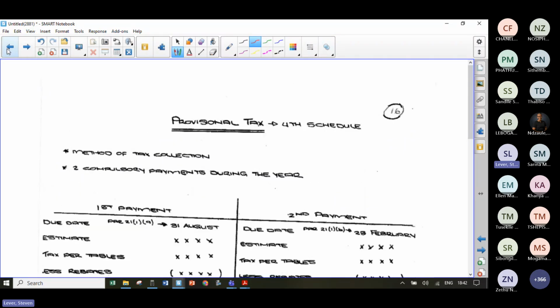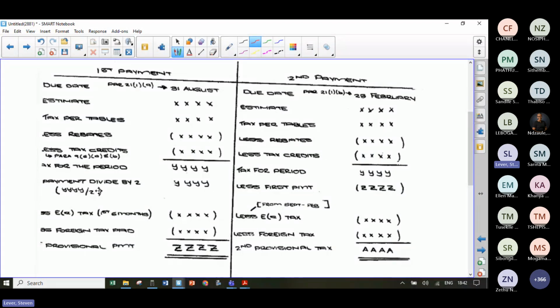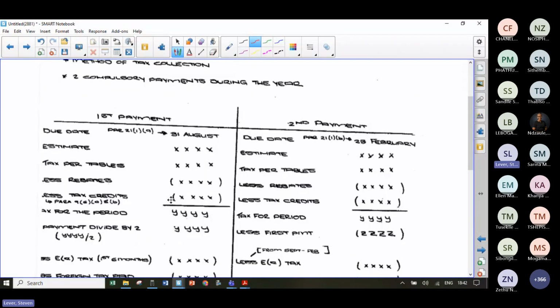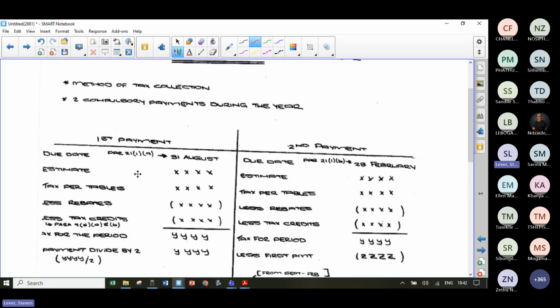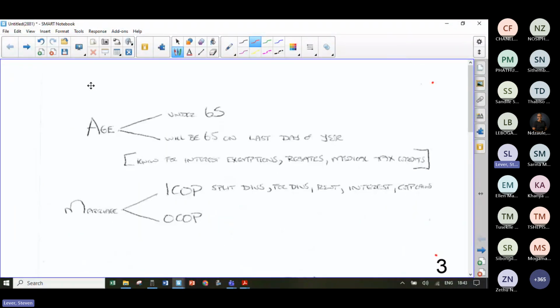So here, your first payment estimate, tax per tables, less rebates, less tax credits, divide the payment by 2, less employees tax, less foreign tax paid gives you your provisional payment. So guys, in the notes that I've attached to lecture session 3, there's your structure for your first payment. Okay, so that's what's going to happen. So first payment, guys, based on basic amount.